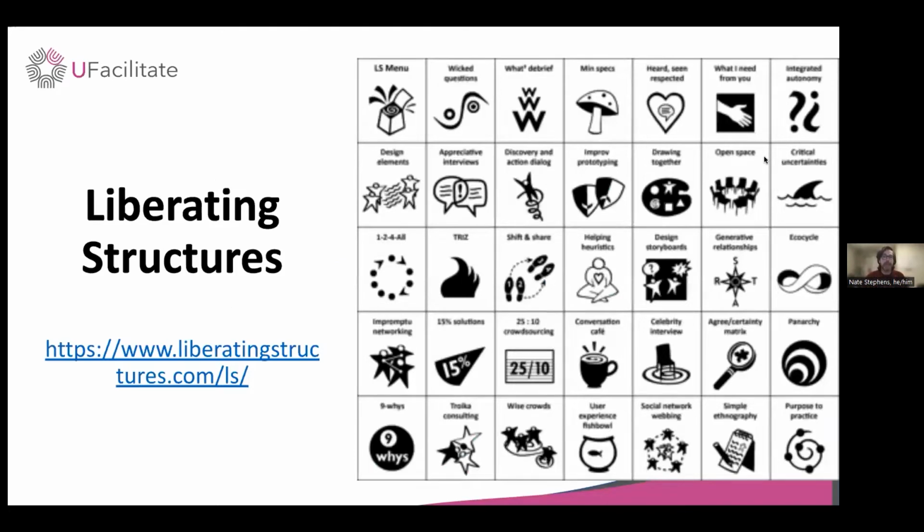And then finally, I introduced what I term, and I think they even refer to it on their site as, a menu of facilitation tools. And I showed really briefly, using the example of the 9 whys activity that we did as a group in the first session, how they describe each activity's objectives, the preparation for it, the instructions, and so on.